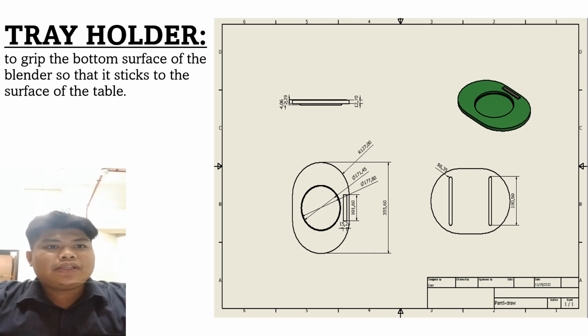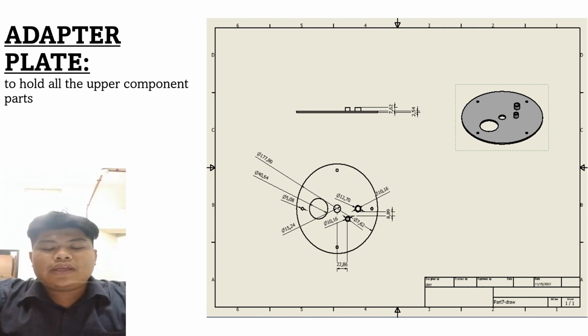First, my part is the tray holder. Tray holder is to grip the bottom surface of the blender so that it sticks to the surface of the table. Next part is the adapter plate. Adapter plate is used to hold all the upper component parts, like the gear.